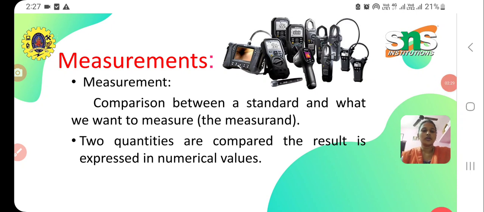So the two quantities are compared and the result is expressed in numerical values. In general, measurement is used everywhere. It is the assignment of a number to a physical quantity. That is the exact definition of measurement.